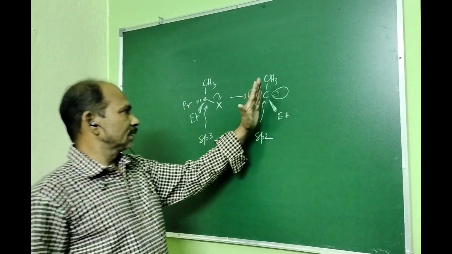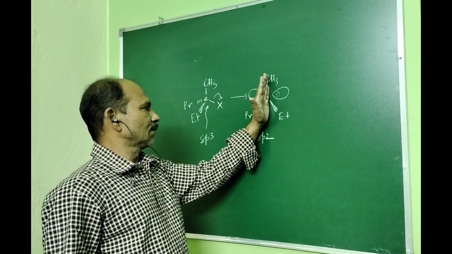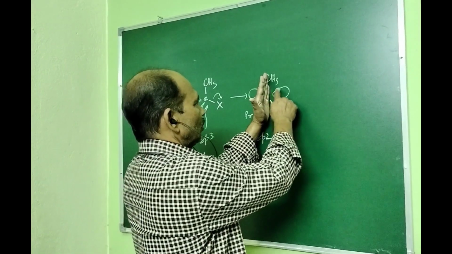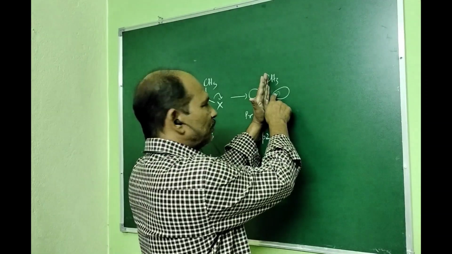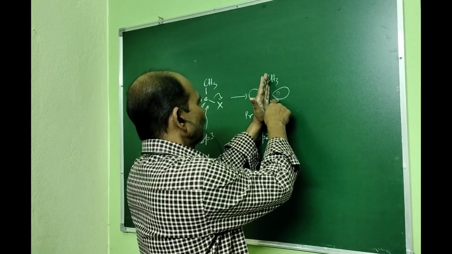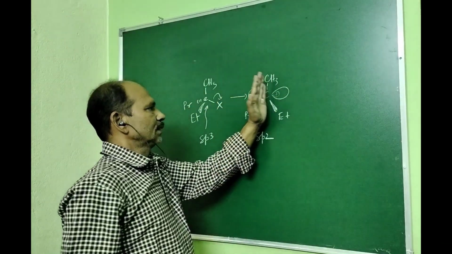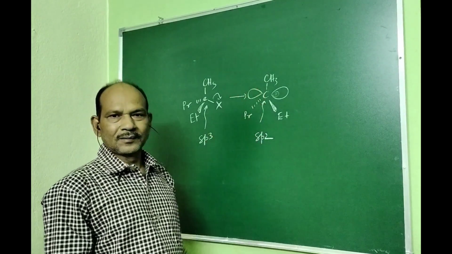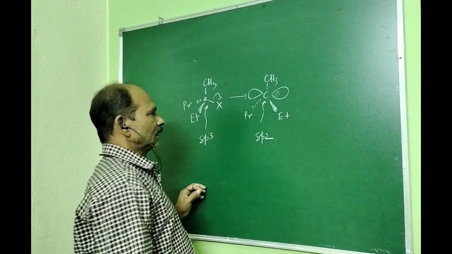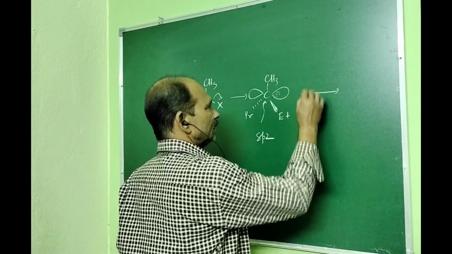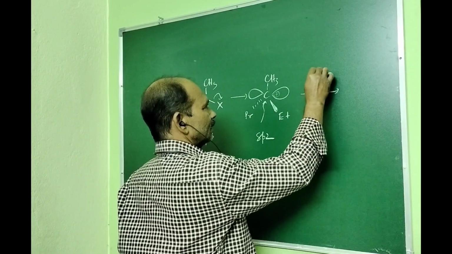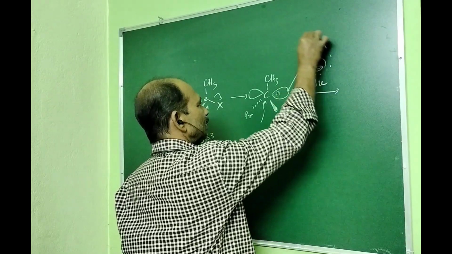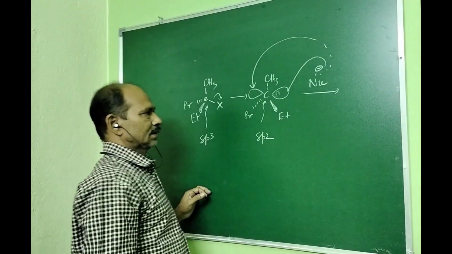If we suppose this is the plane of the carbocation, then the lobes of the p orbital will be on this side and on this side, perpendicular to the plane of the carbocation. So the nucleophile in this case can attack from this side or maybe from this side.